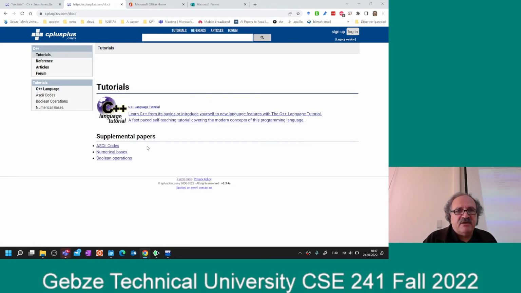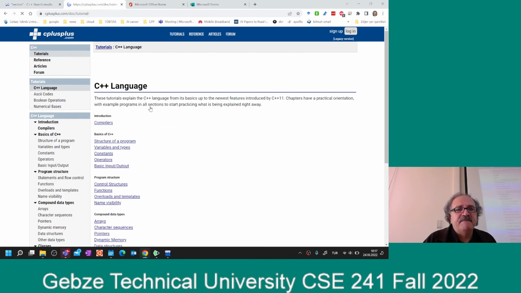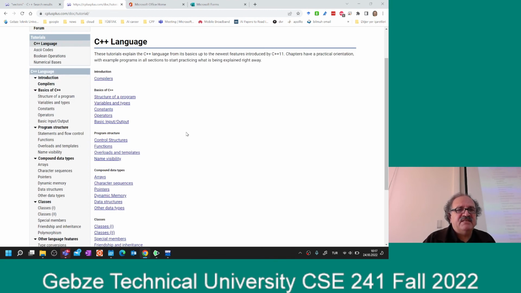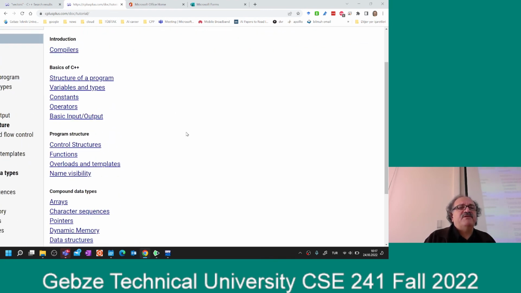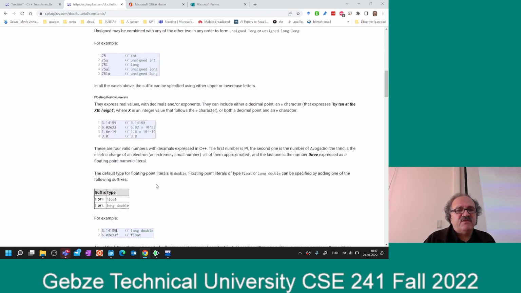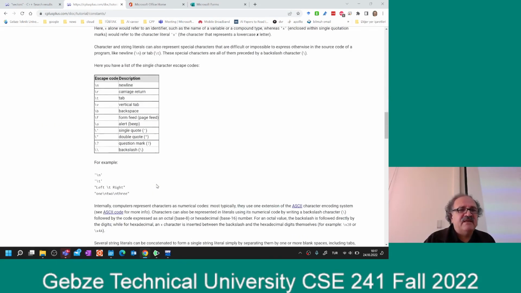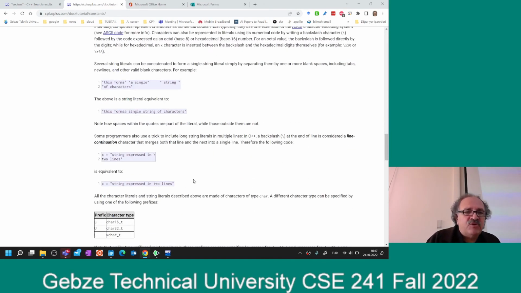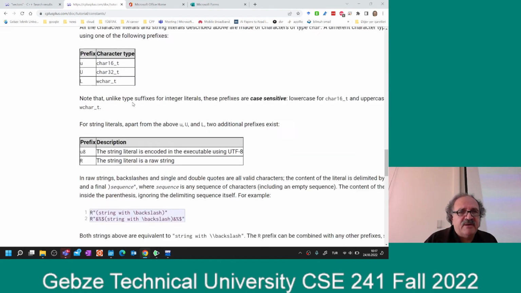For example, the C++ learning tutorial talks about constants, etc. What is there to know about a constant? Constant is a constant, but no. If you go to the constants, there are lots of different constant types and constant notations. Remember we talked about those.